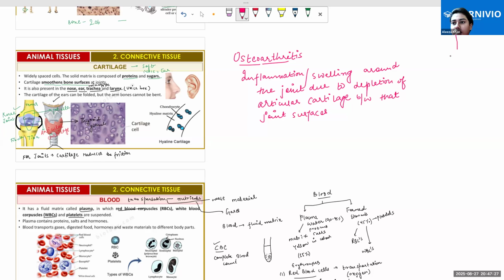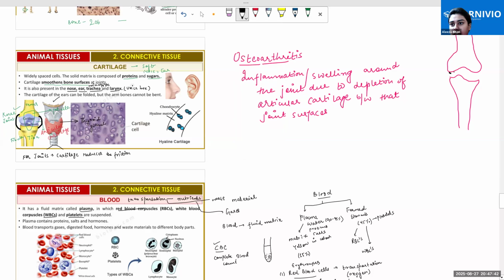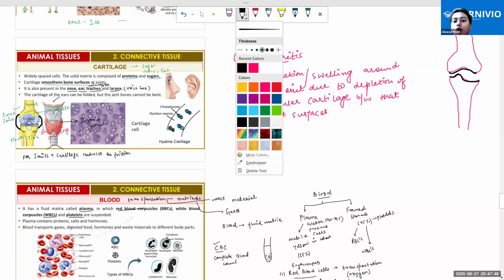See, let's say you have this joint. These are your two bones, and the articular cartilage is between them. So this articular cartilage is for the easy movement of the joint, easy rubbing of the joint.